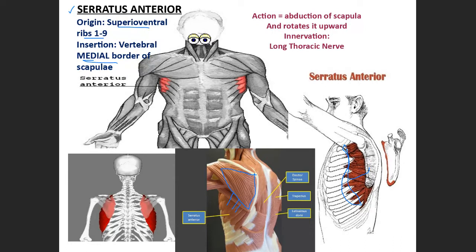So when this muscle contracts, it's going to pull the scapula in abduction, like away from the midline. So when this one contracts, it's going to cause scapular abduction, okay? So it's moving the scapula in this manner, away from the midline. And the innervation here is called the long thoracic nerve.